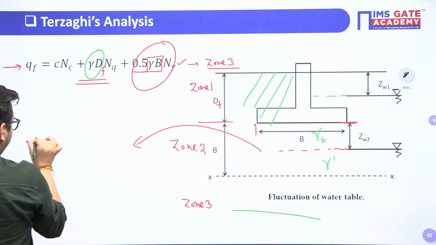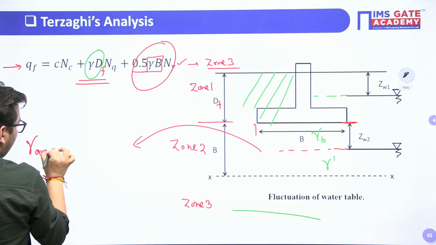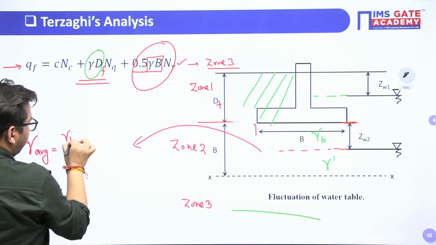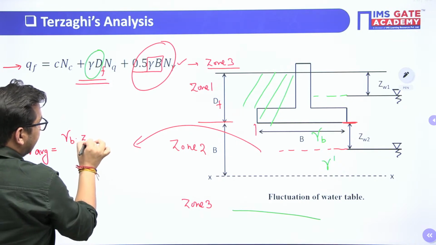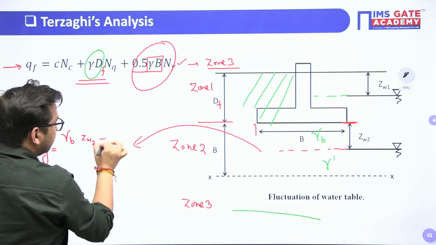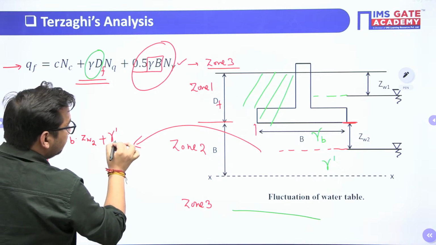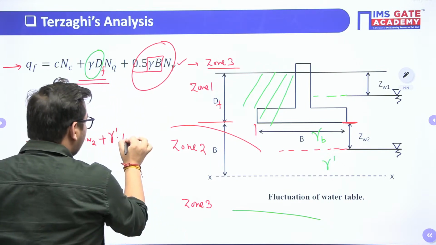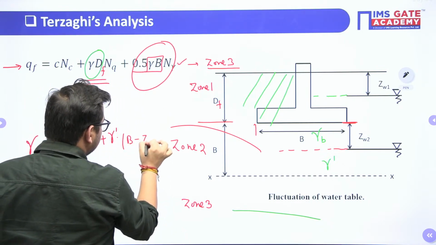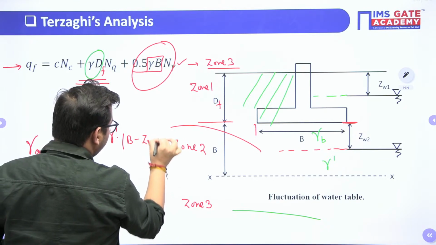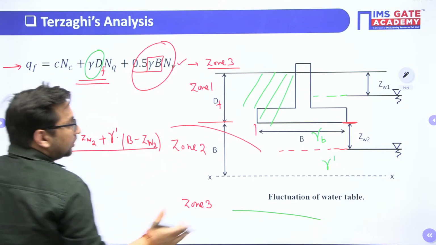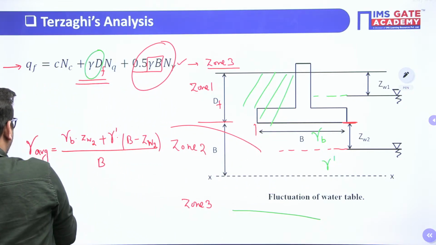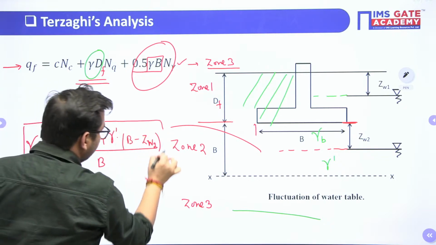So what will be gamma average? Your gamma average will be gamma bulk into ZW2 plus gamma submerged into (B minus ZW2), divided by the total thickness of this layer, that is B. Right?